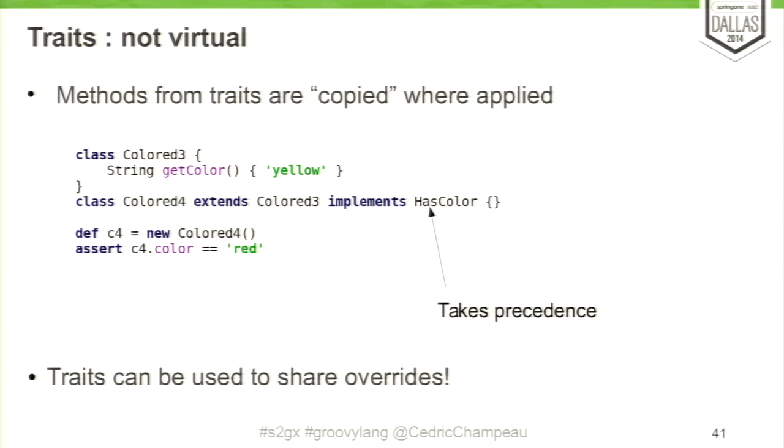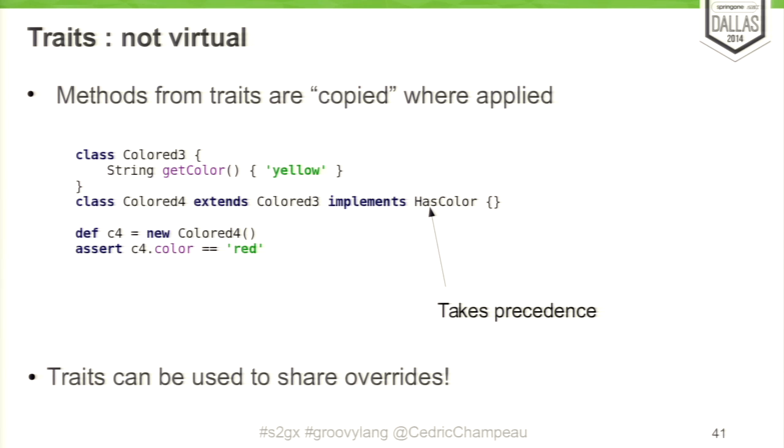What is a bit more surprising, maybe, is what you will see here. Surprising, but very interesting for new APIs. You define a class Color3 and a class Color4 that extends that one, and it implements HasColor. When you do that in Java with default methods, then this method would take precedence, because it's a default implementation, so since there is an implementation lower in the hierarchy, it takes that version.